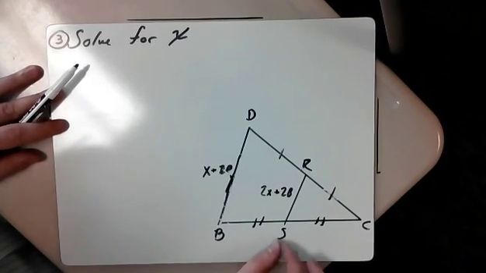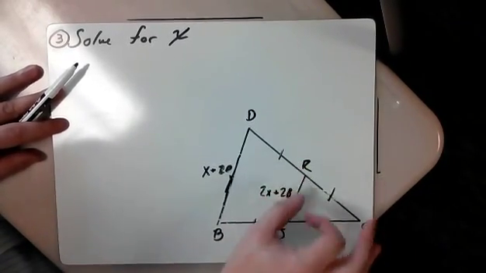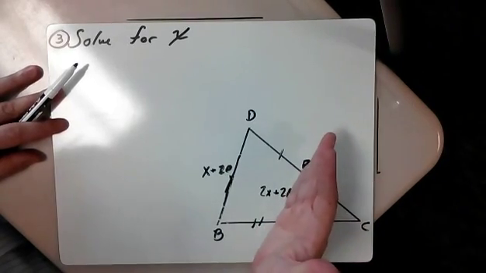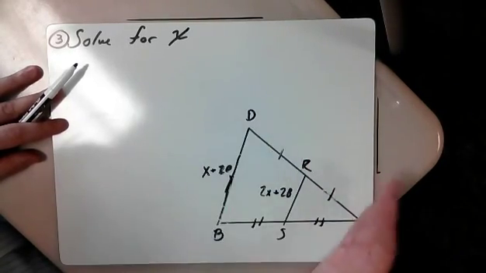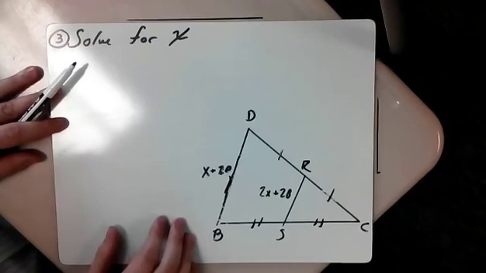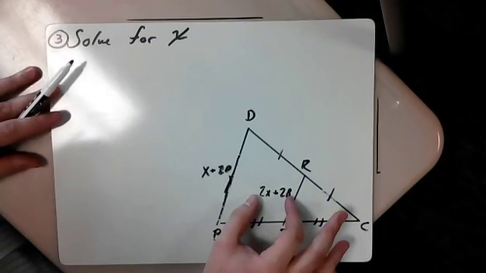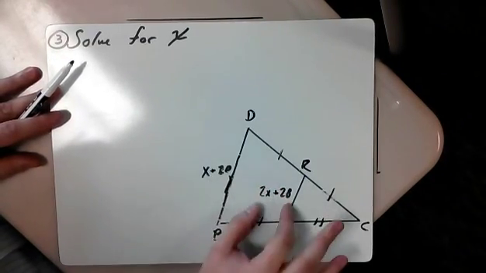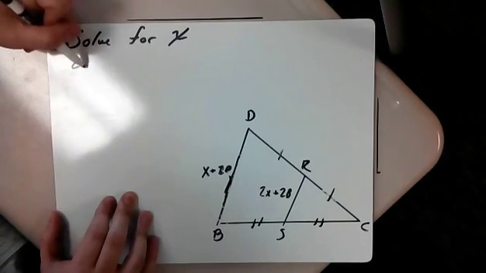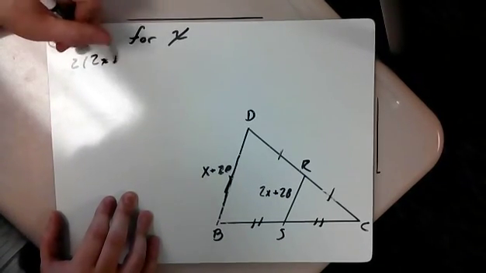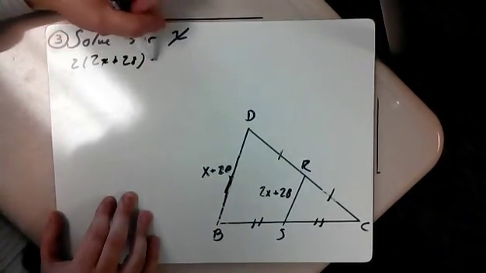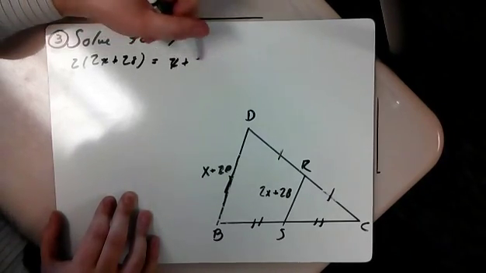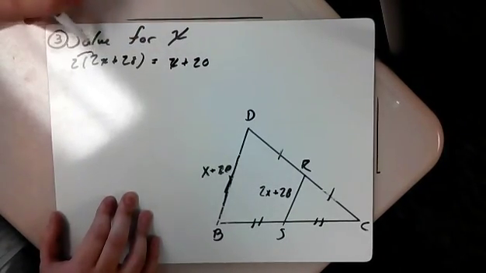But you just need to understand that S is the middle and R is the middle, and this line here is in the middle of this triangle. So now that means that this is half the size of this. So I'm going to multiply this by 2 and set it equal to this. Then I'm going to solve.